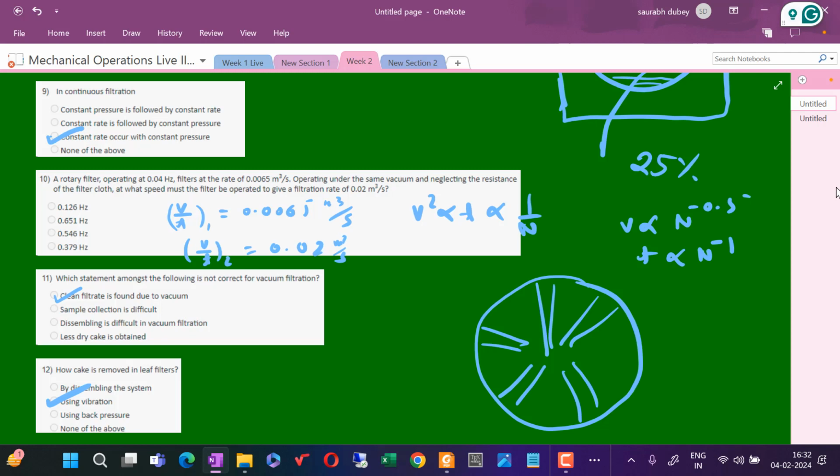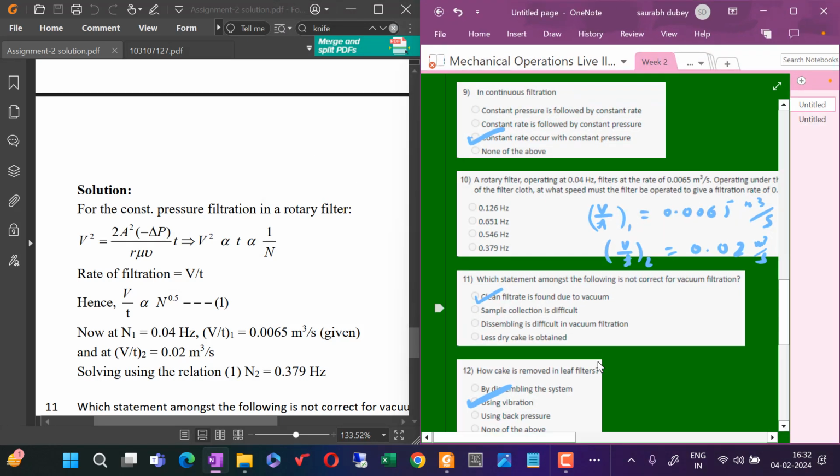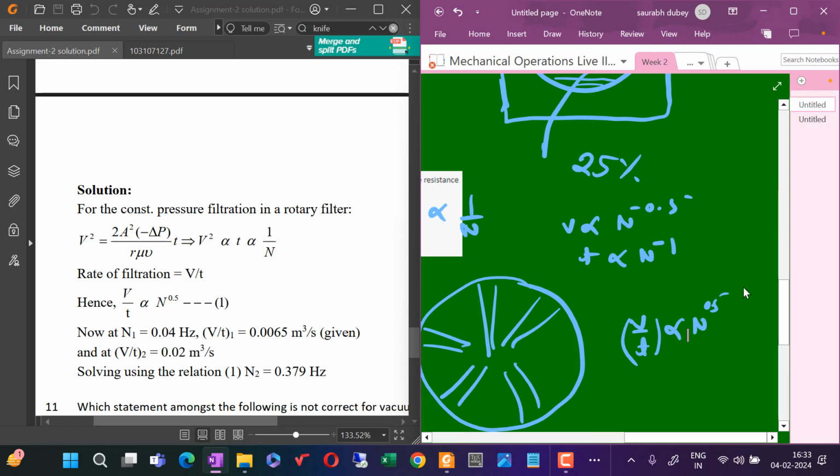So v by t is directly proportional to what? If you go for this, it comes out to be n to the power 0.5. That's what I understand out of this. N to the power 0.5 means root of n.